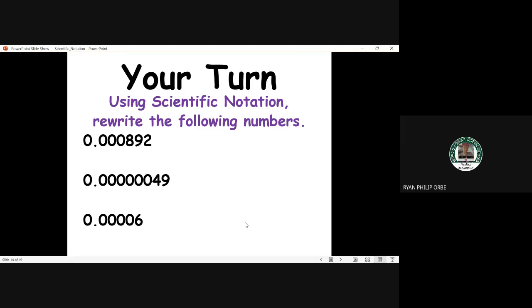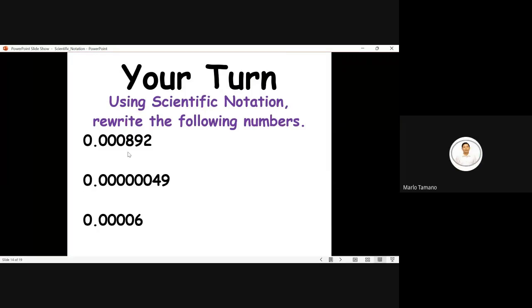Oh, it's the other way around. Don't we make it greater than 1 but less than 10? So this would be 8.92 times 10 to the 4th power. Negative, sorry, negative.